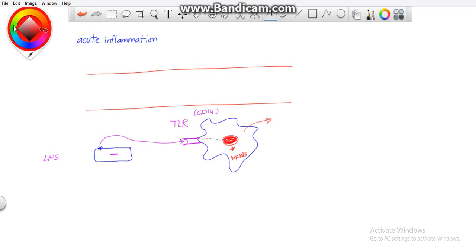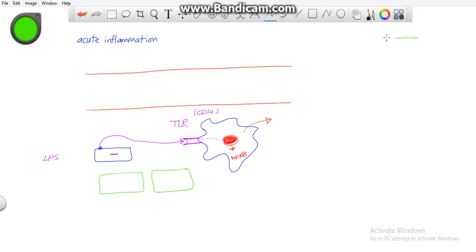Now, we know that within the tissue there are healthy cells right here, and when they sense the presence of an antigen, a certain enzyme will be activated. We know that the cell membrane is composed of a double layer phospholipid.